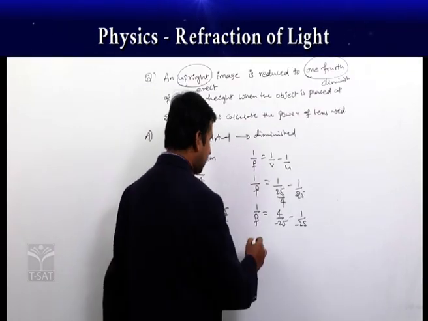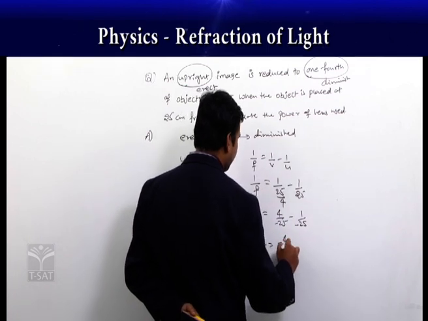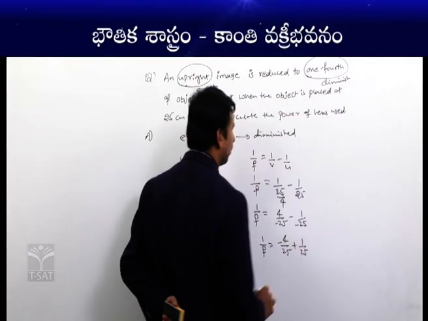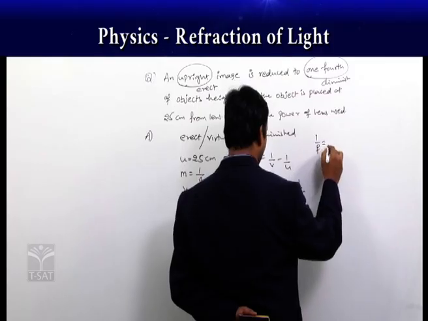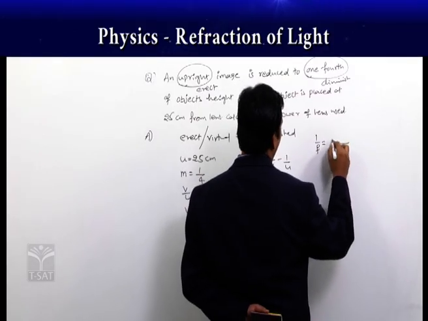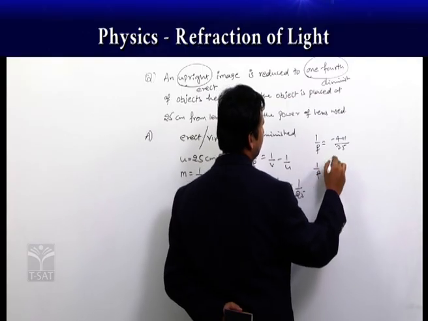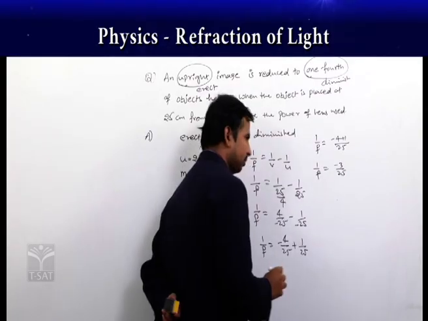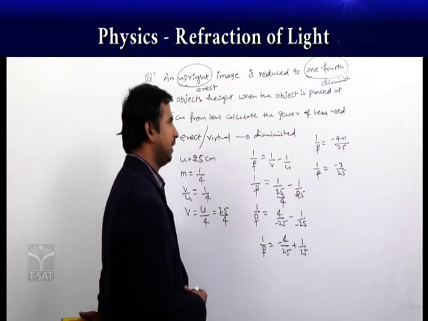Then we get 1/f is equal to minus 4/25 plus 1/25, that is 1/f is equal to 25 of minus 4 plus 1, which is 1/f is equal to minus 3/25.